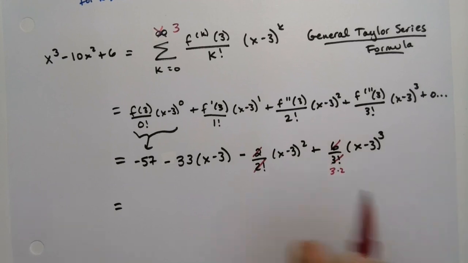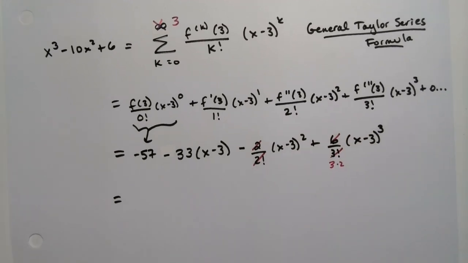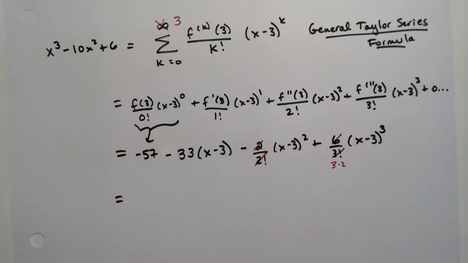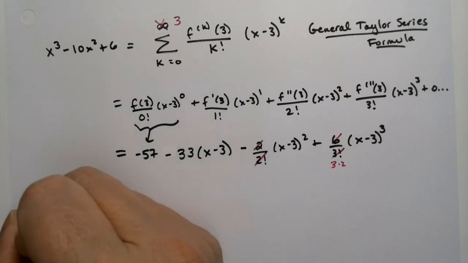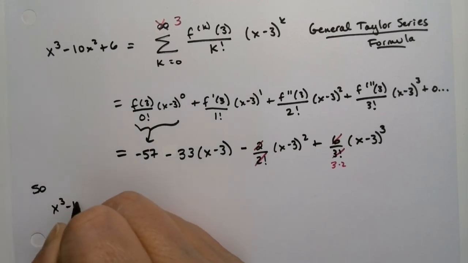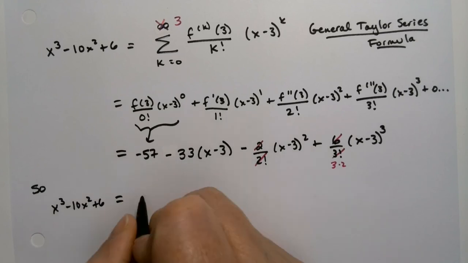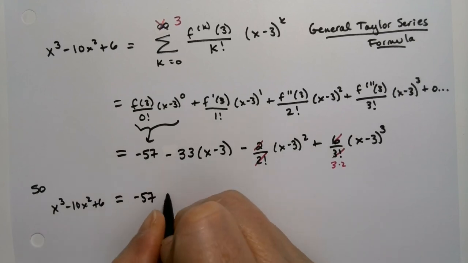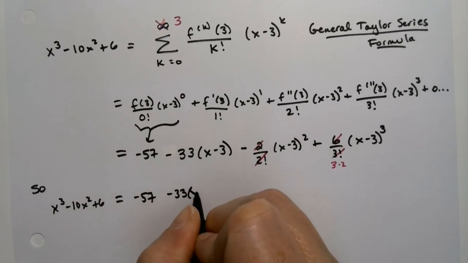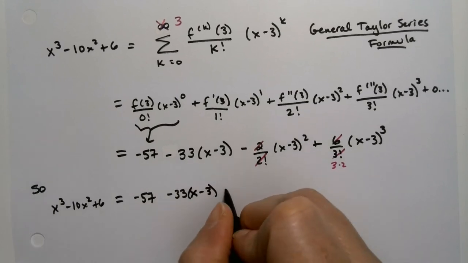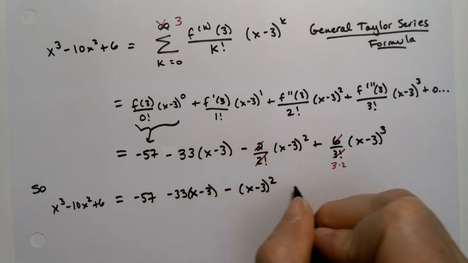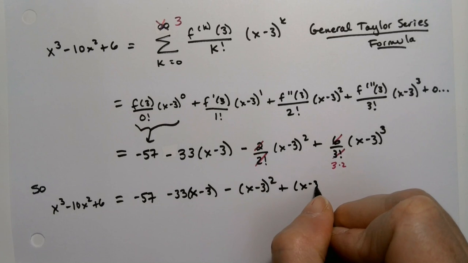So that's all gone. And so that means that this polynomial, x cubed minus 10x squared plus 6, is equal to negative 57 minus 33 times x minus 3 minus x minus 3 squared plus x minus 3 cubed.